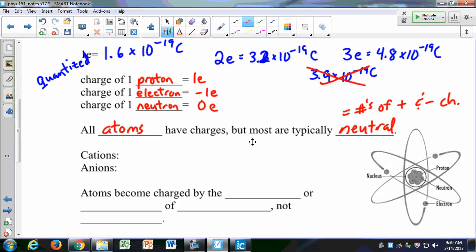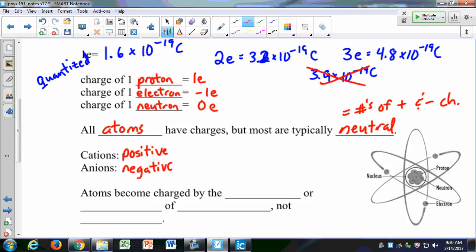Cations are positive, and anions are negative. A cation is an atom that has too few electrons, and an anion is an atom that has too many electrons.